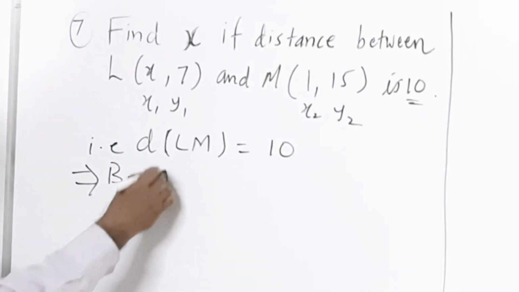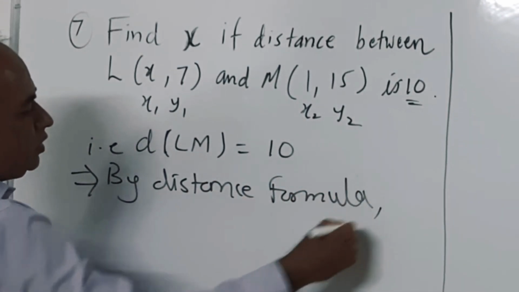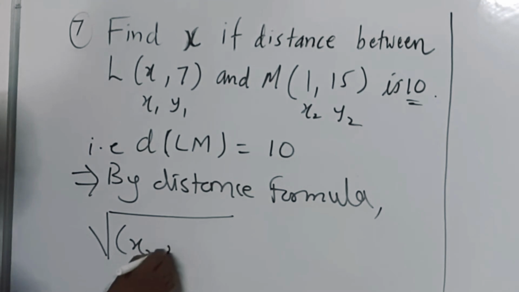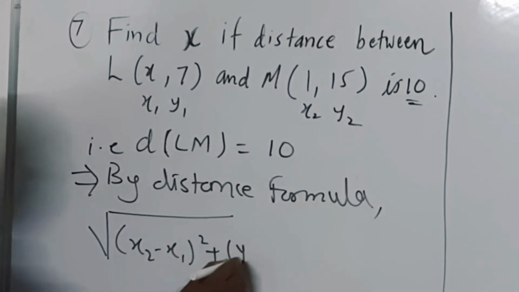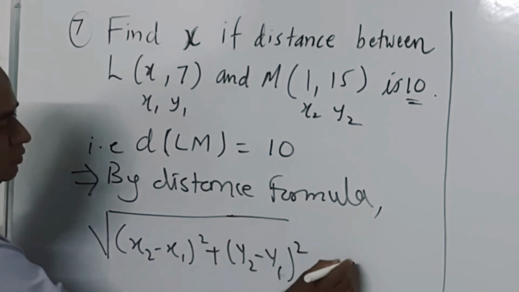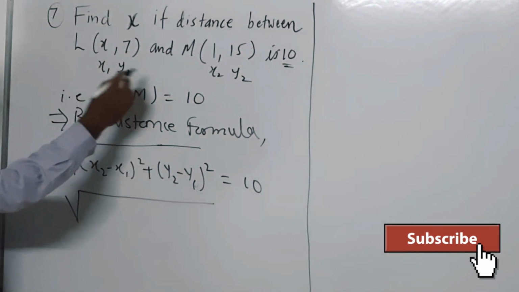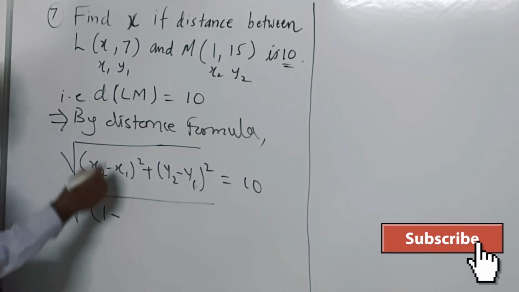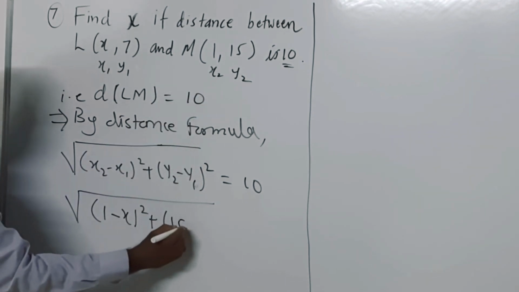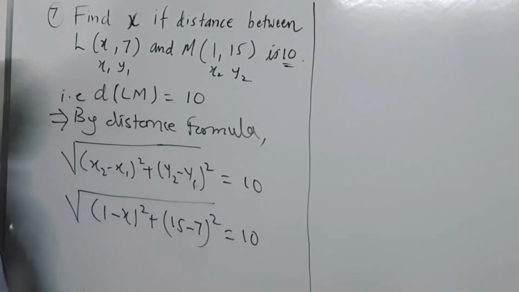So by distance formula, distance LN is equal to square root of (x2 minus x1) square plus (y2 minus y1) square is equal to 10. Substitute the values of x1, y1, x2, y2. So x2 is 1 minus x1 is x, square, plus y2 is 15 minus y1 is 7, square, is equal to 10.